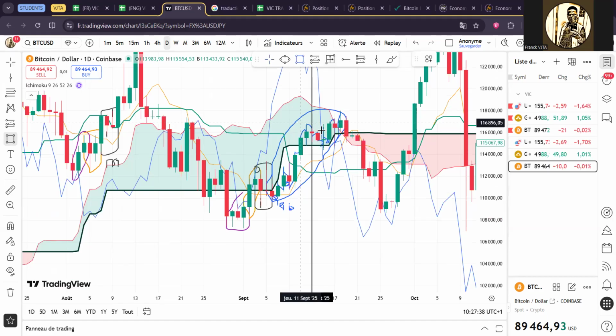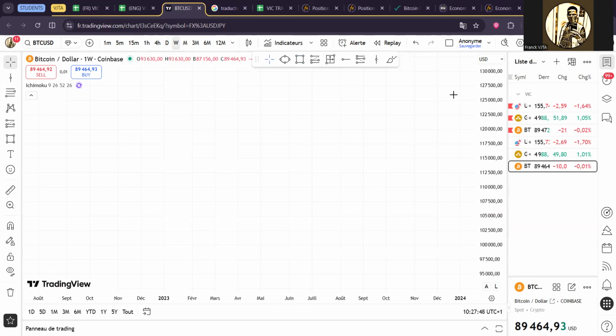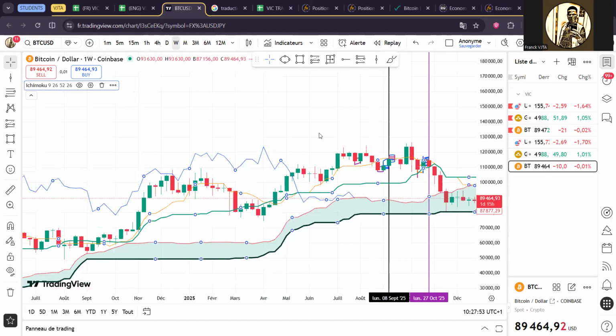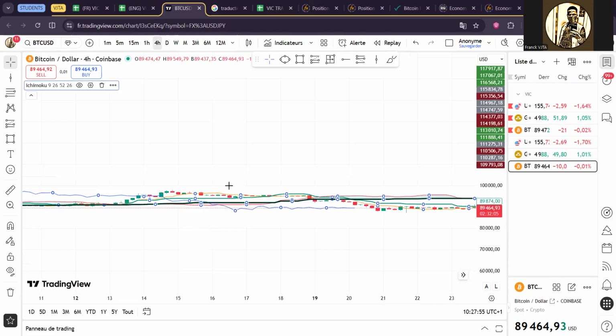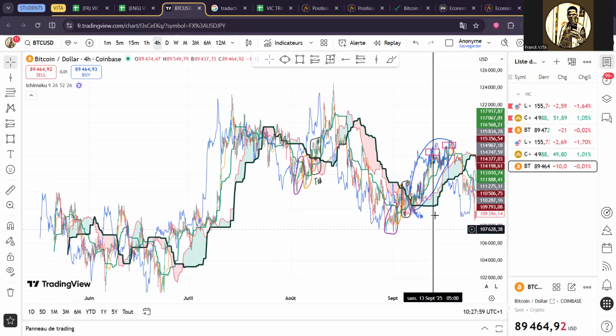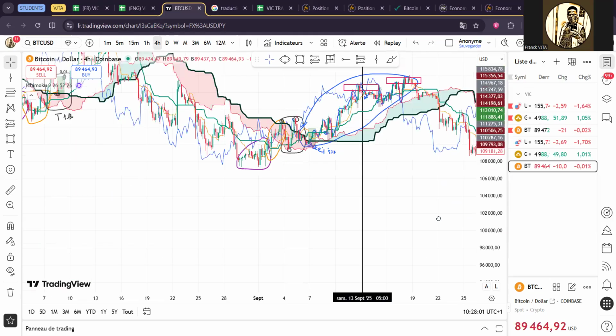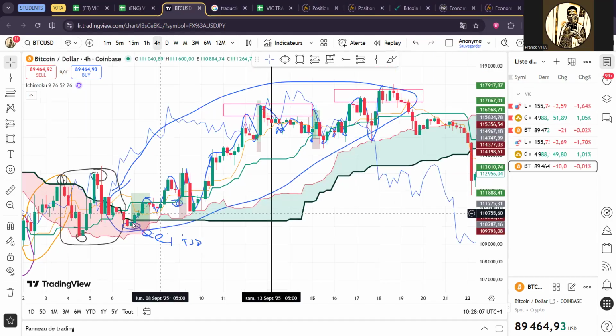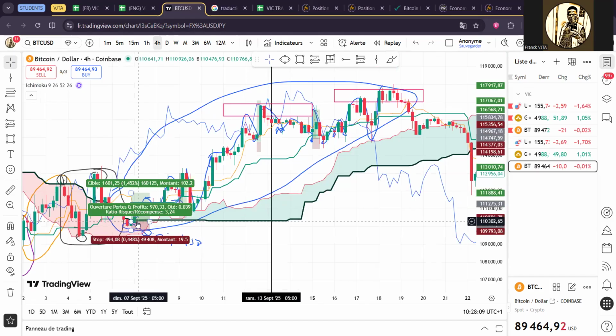You have something here, and then you have another one. Inverted SSA, inverted SSB. Do we have something on weekly? No, we don't have something particular. And you know that if you want to enter here, you need to do the TS2 method.